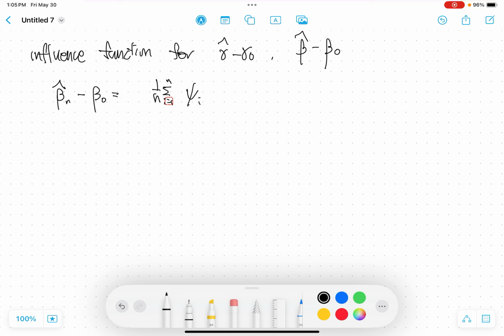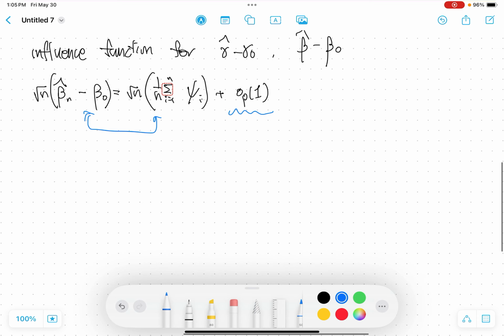Psi I is theoretically the ith observation's influence on the estimation error, and specifically we are multiplying by square root n and assume that the difference between these two becomes small o_p(1), which means it converges to 0 in probability.